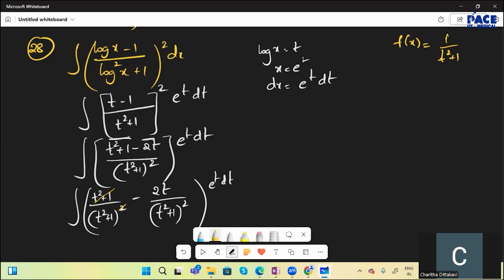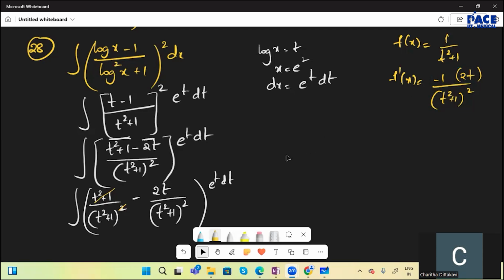Obviously 1 by x in differentiation is minus 1 by x square, that is, t square plus 1 the whole square, and again differentiation of t square, that is 2t.